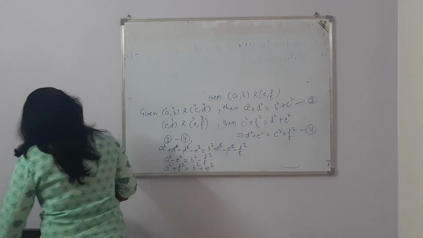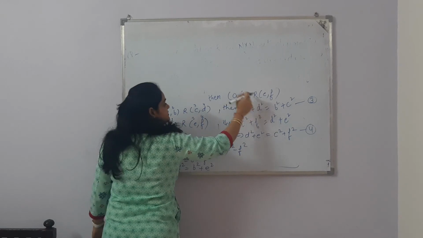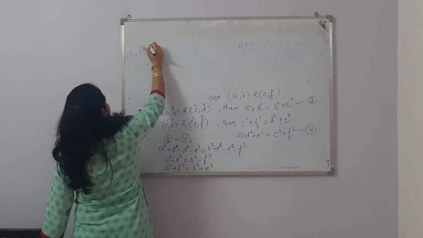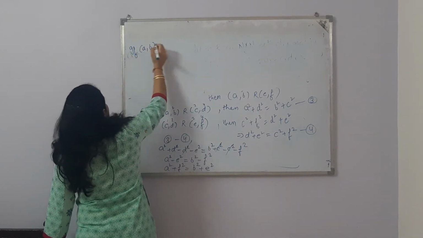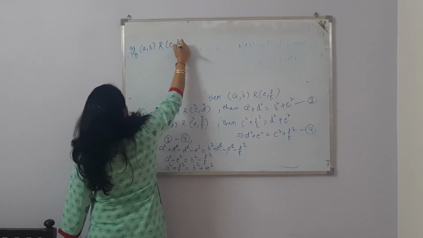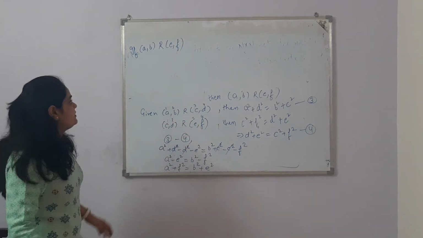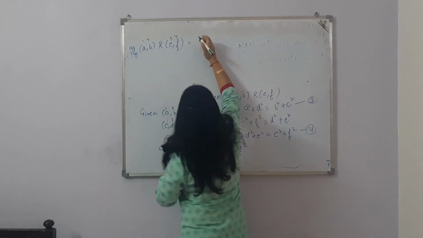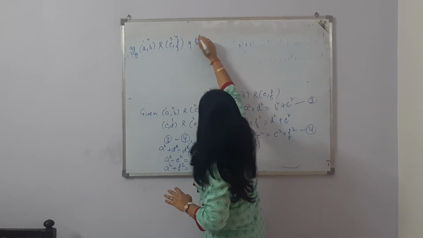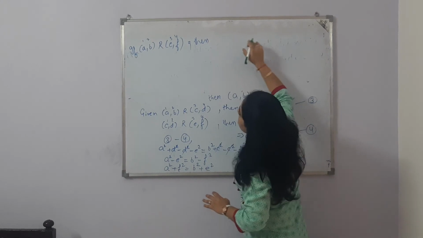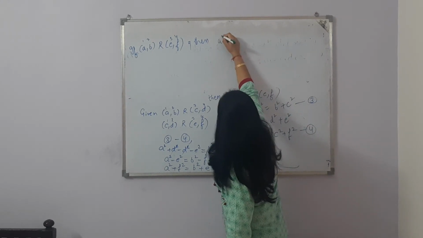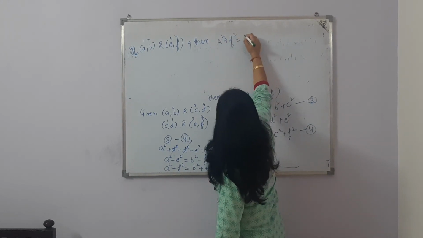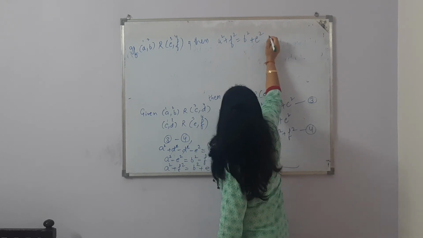Now we need to prove AB is related to EF. If AB is related to EF, again 1, 2, 3, 4. 1 is related with 4. So A square plus F square is equal to B square plus E square.